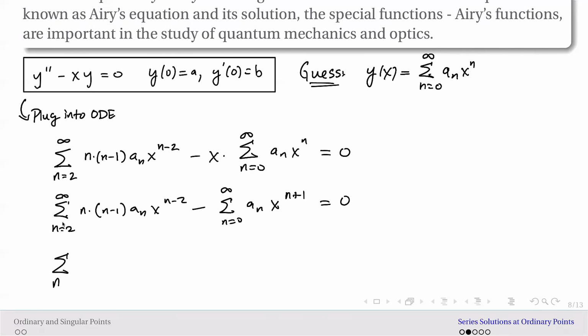So this sum would start at 0, and it would be n plus 2, n plus 1, a n plus 2, x to the n. And this one starts at n plus 1. So I actually have to subtract 1 from these terms, which will add 1 to the sum. So the sum here starts at 1, and we are subtracting 1 from these terms.